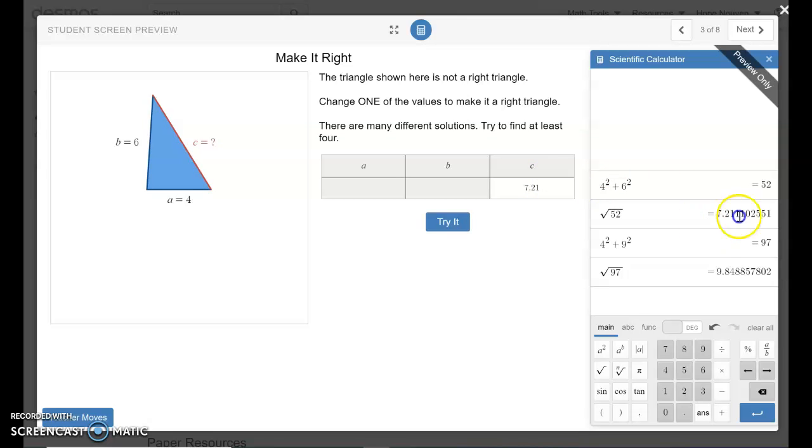It won't allow us to have a decimal. There you go, they found one that works. So, as they keep making them, they can make different triangles, and like this one, if you changed B to 9, well, you get the idea.